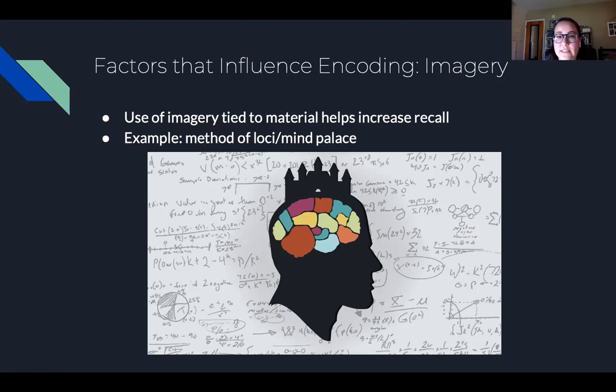An example of this is something called the method of loci, or the mind palace. If you've ever watched the BBC show Sherlock, or read the books, this is a memory technique that Sherlock uses. It is one of the ways in which he's able to make sense of all of these different clues and solve crimes.